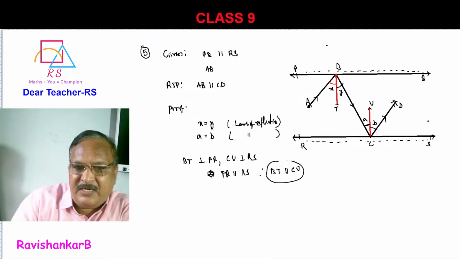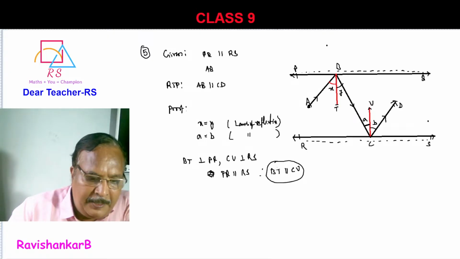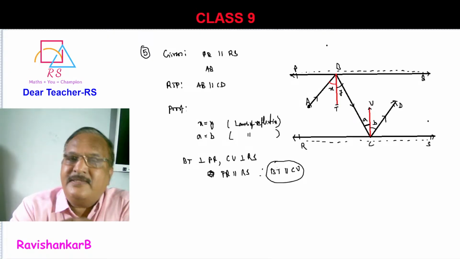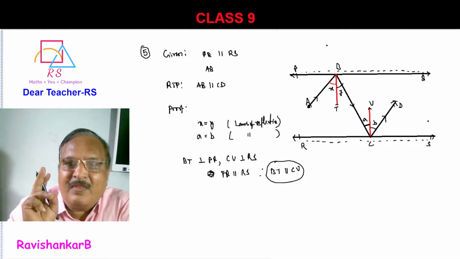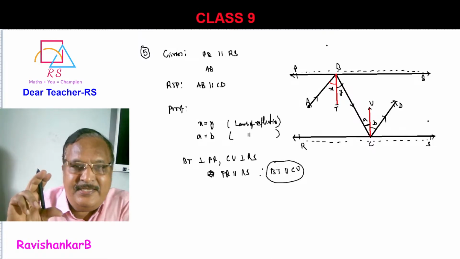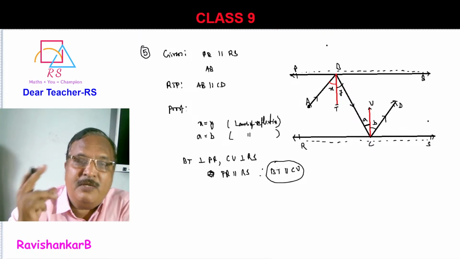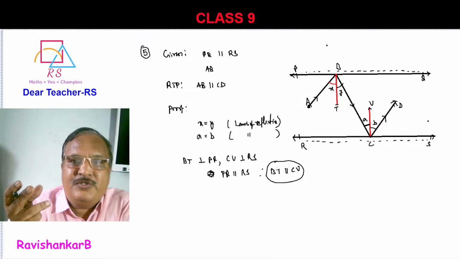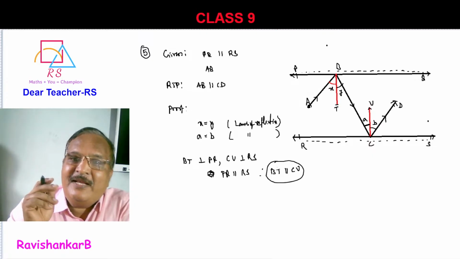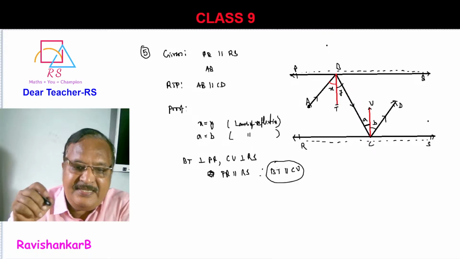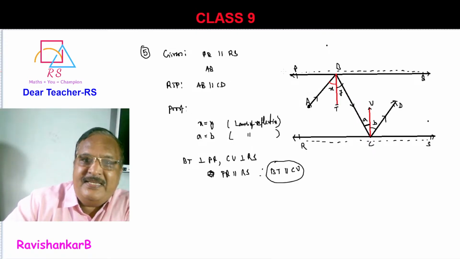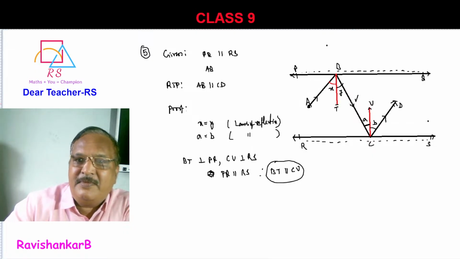So you have to understand this: perpendiculars to parallel lines are always parallel. Now here BT and CU are perpendicular to the parallel lines, so they are parallel. If they are parallel, BC becomes a transversal.